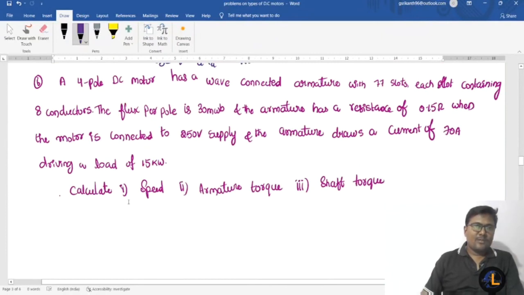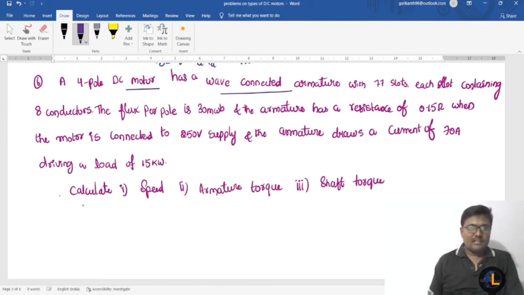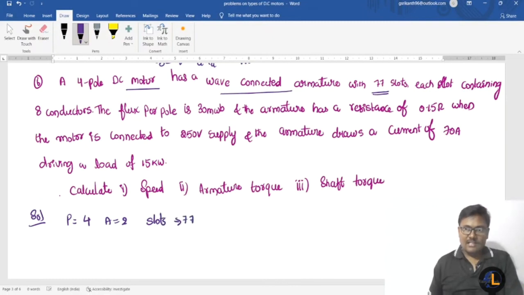And the next important problem: a 4-pole DC motor has a wave connected armature. So write the given data. For the given data you will get 1 or 2 marks. Number of poles is 4 and since it is wave connected, the number of parallel paths is 2. 77 slots are given, and in one slot there are 8 conductors.